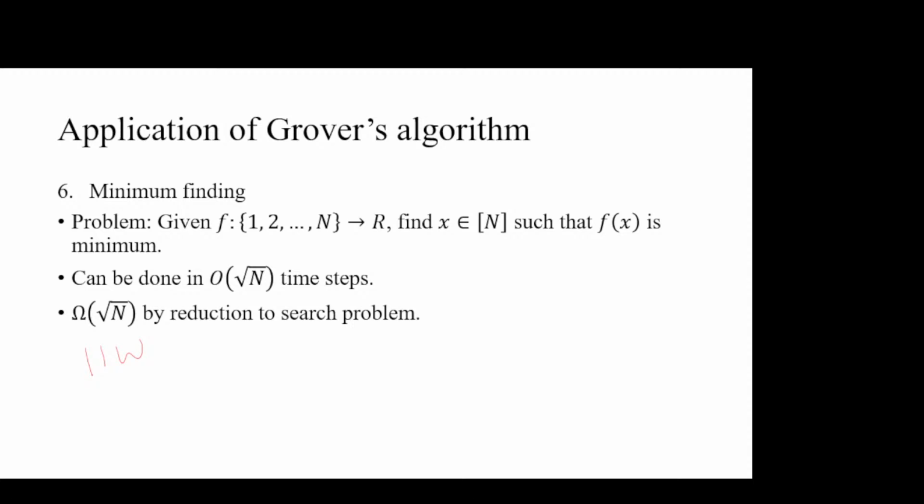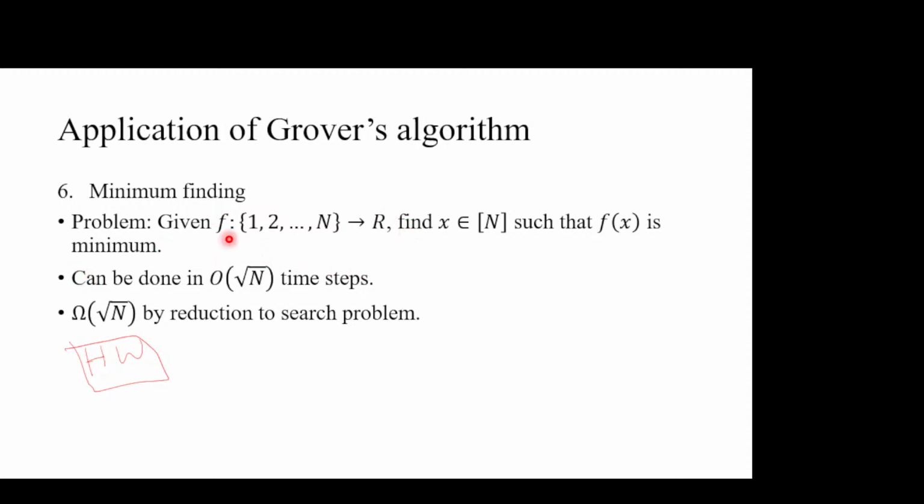Minimum finding is a problem where once again you have inputs that are mapped to a real number, and you want to find the input that gives you the minimum output.